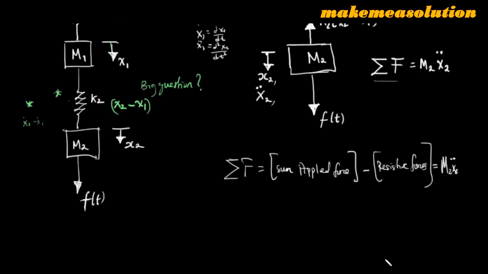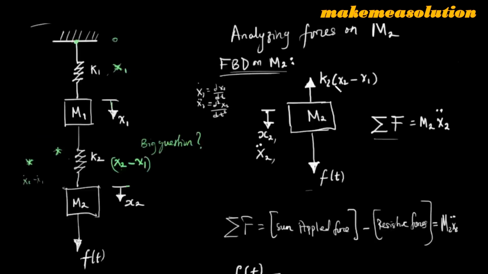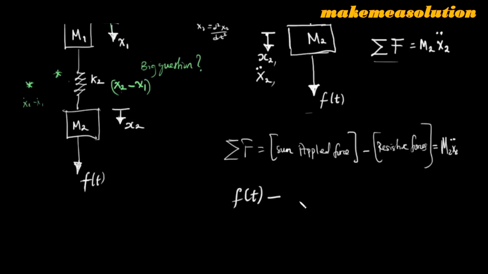So this is how we actually roll. So the sum of all applied force, in this case we have our f of t being the applied force, and the resistive force is the spring constant times the relative extension, which is going to be k2 into x2 minus x1. Then you now have equal to m2 x2 dot dot. So this is what we have.